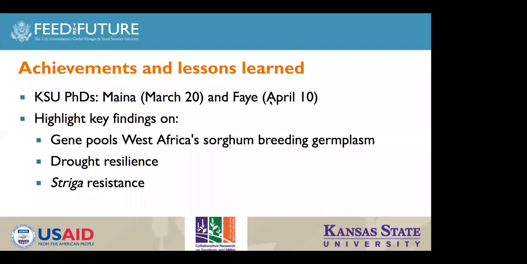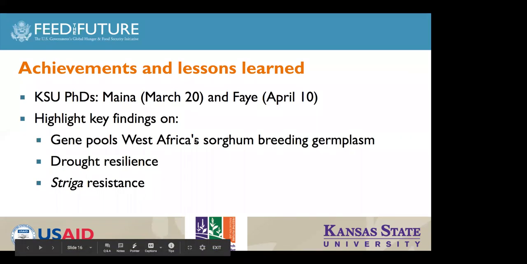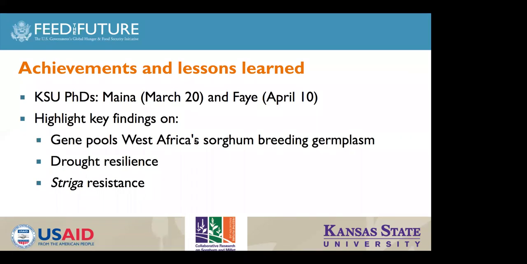I don't think Jacques is on the call, because today is his deadline for submitting his thesis to his committee. I'll just highlight a few key findings from them on the gene pools for West Africa sorghum breeding germplasm, on drought resilience and striga resilience. These are all collaborations with the West African-based team, but these are analyses done by Jacques and Fauna.